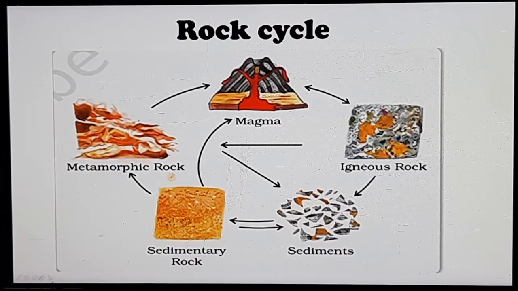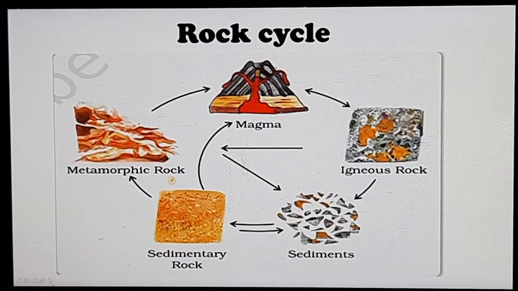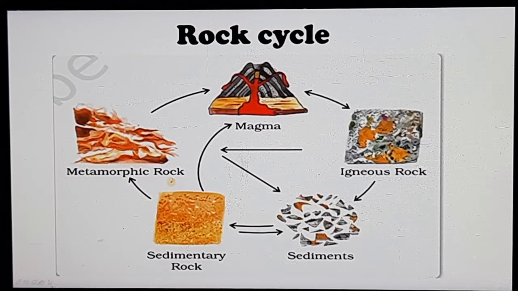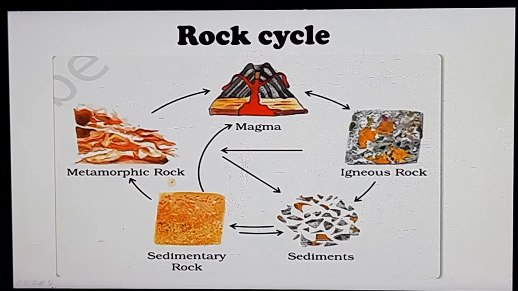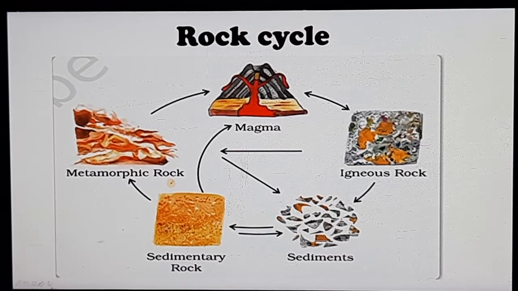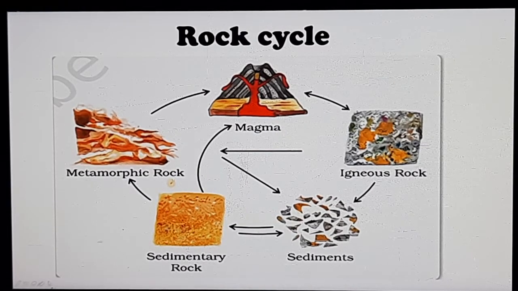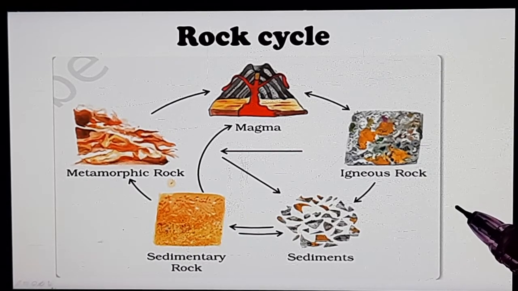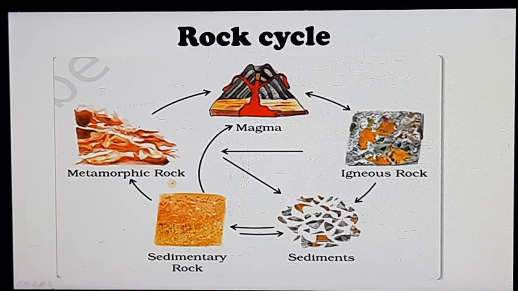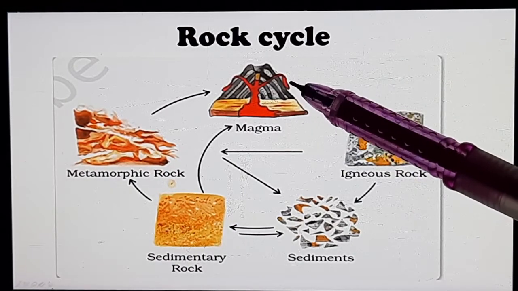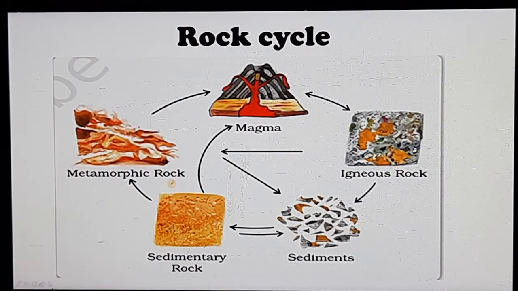Look at the diagram here also, rock cycle. You have to draw it in your notebook also. Rock cycle from page number 9 of chapter 2. Here, as you all know that you have already learned, when the molten magma cools, it solidifies to become igneous rock. जब आपका molten magma cool होता है तो वो क्या बनता है आपका igneous rock.